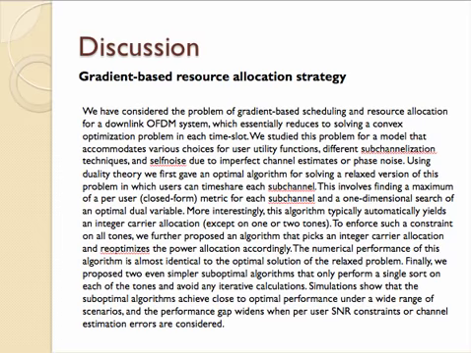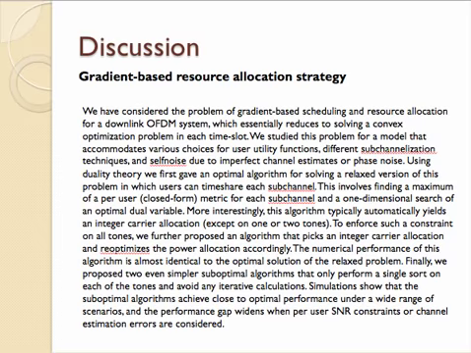More interestingly, this algorithm typically automatically uses an integer carrier allocation. To enforce such a constraint on all tones, we further proposed an algorithm that picks an integer carrier allocation and optimizes the power allocation accordingly. The numerical performance of this algorithm is almost identical to the optimal solution of the relaxed problem.